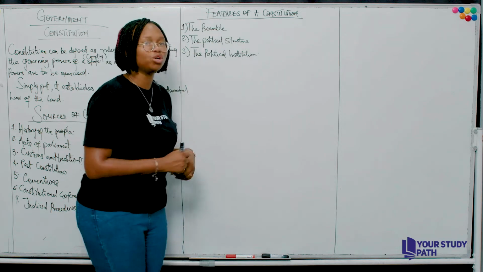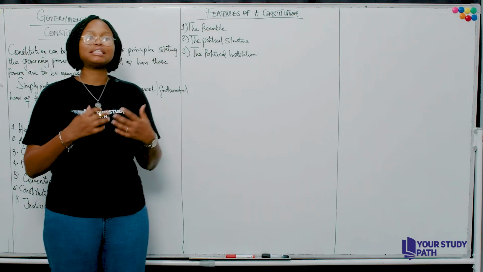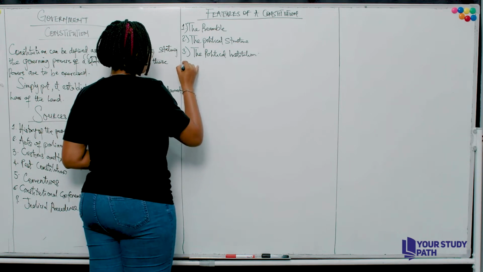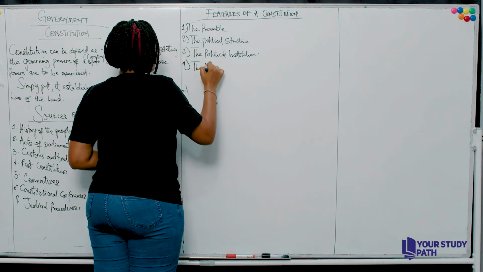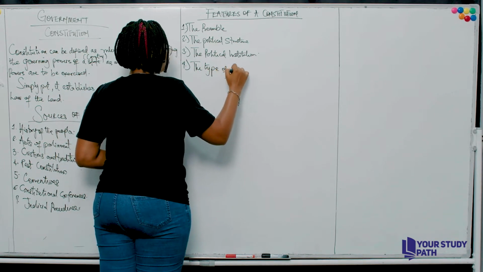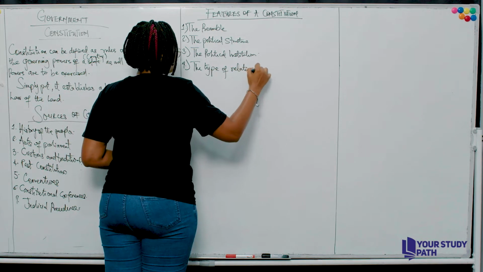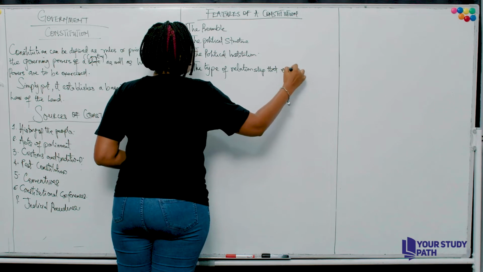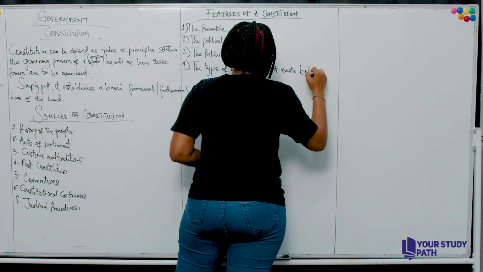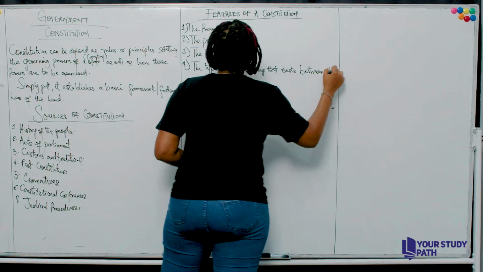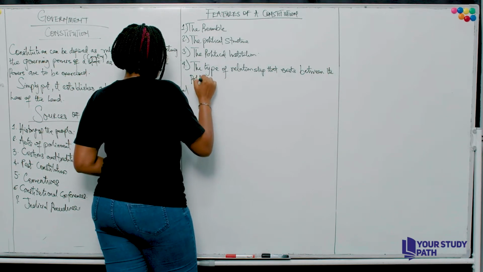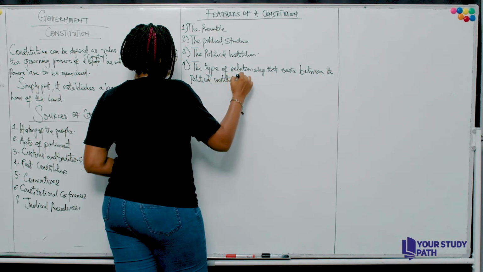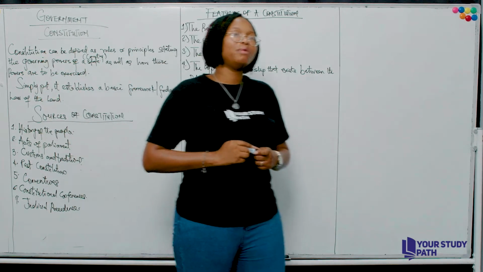Also, the Constitution must include the type of relationship that exists between the political institutions of government, right? What do we mean by this?